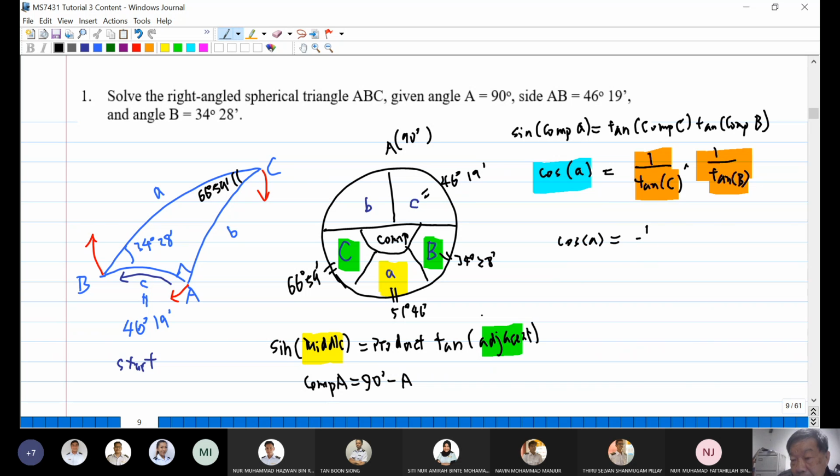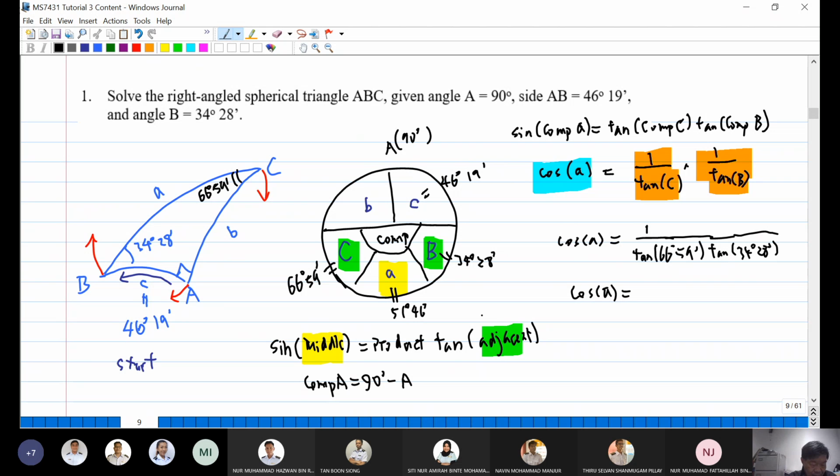Cosine A is actually 1 over tangent angle C, which is 66 degrees 59 minutes, and this one is tangent B, which is 34 degrees 28 minutes here. So you cut all the subtraction. So you get cosine A equal to 1 over this one, right?